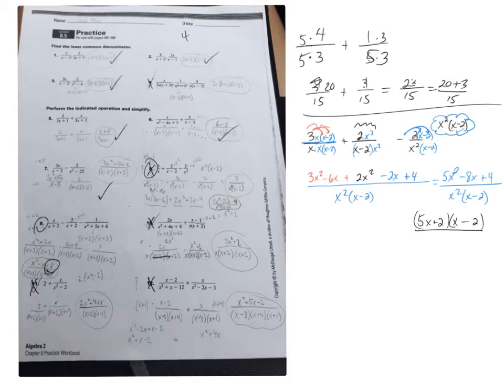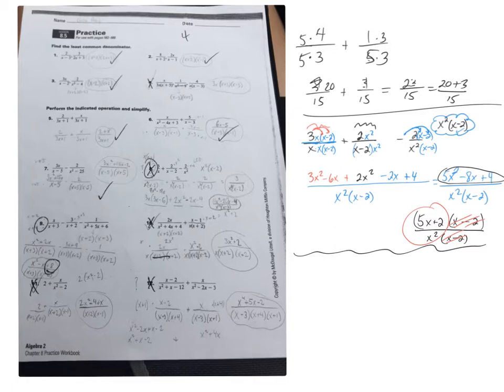Yeah, sure enough, that's what's going to happen. Look what happened. The numerator factors to (5x plus 2) times (x minus 2), and the denominator has an x minus 2 in it. So we can cancel that with that. And there's our final answer, (5x plus 2) over x squared. That's a tricky one.